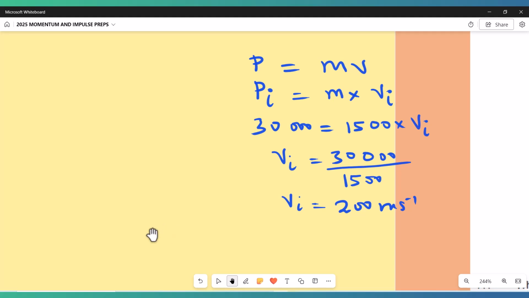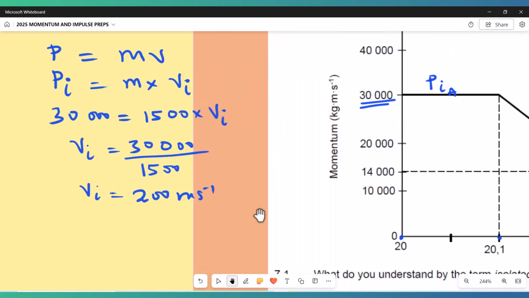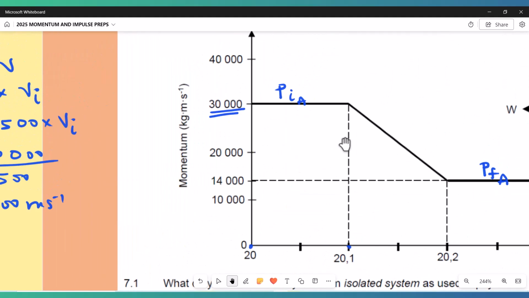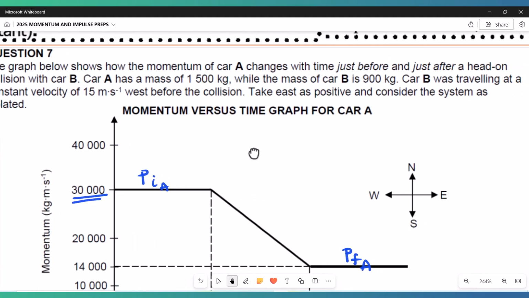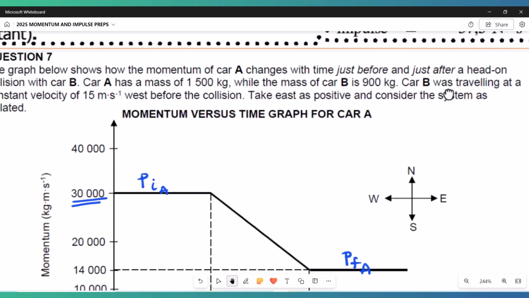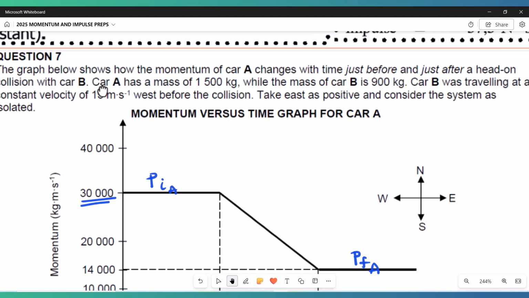Now do they want magnitude or velocity? They want magnitude, so they don't need direction, but we know it is east, because car B is traveling west, so car A is moving east.